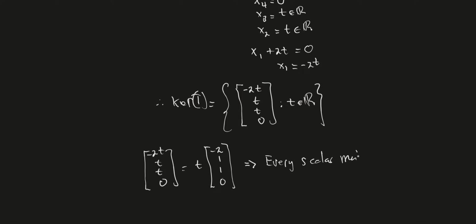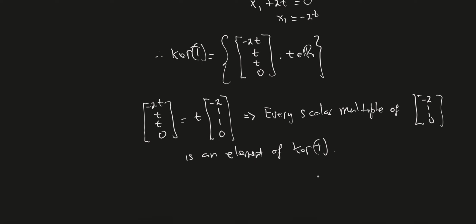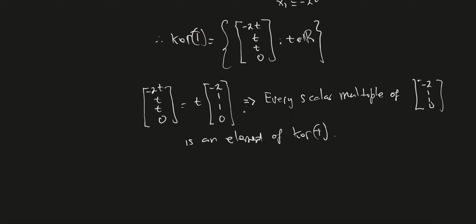So every scalar multiple of the vector -2, 1, 1, 0 is an element of the kernel. But there's another way we can say it. That means the span of this vector.